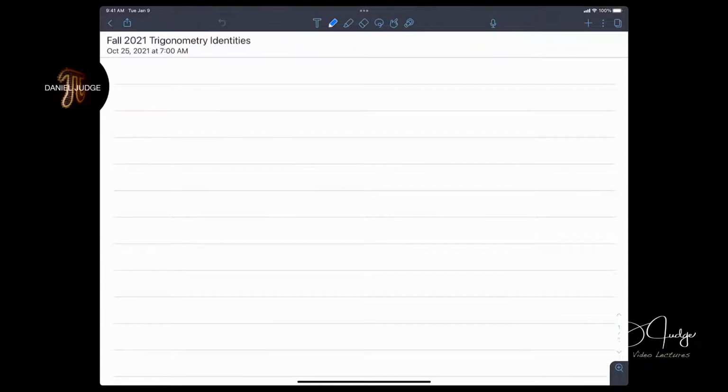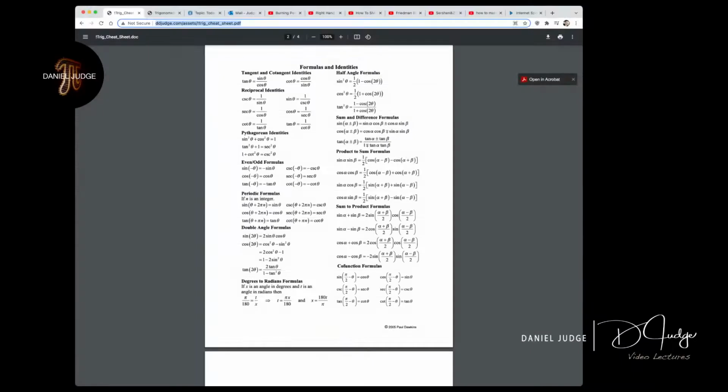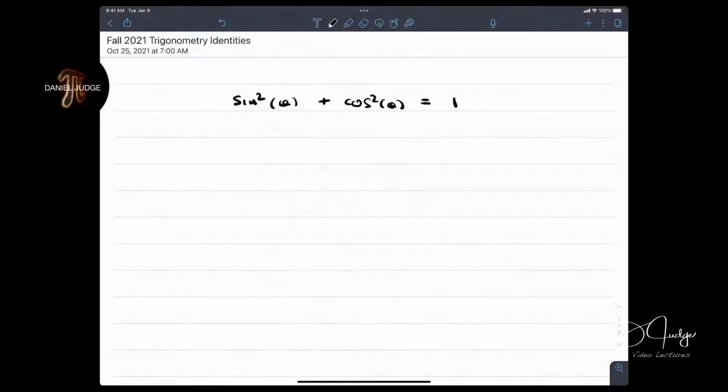So working with identities, here's something I want to say to people. First of all, if we do look at that browser really quick, I'm going to take an identity. Pythagorean identities. Here's a first identity: sine squared theta plus cosine squared theta equals 1. Okay, so this is an identity.